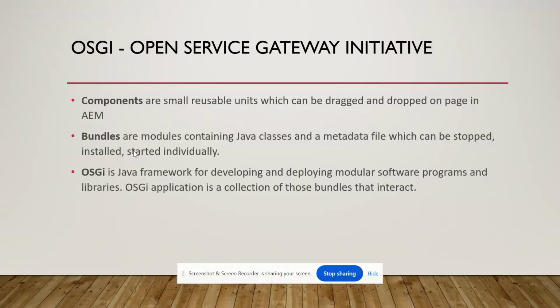OSGI is a Java framework for developing and deploying modular software programs and libraries. An OSGI application is a collection of those bundles that interact. OSGI is implemented by Apache Felix in AEM.